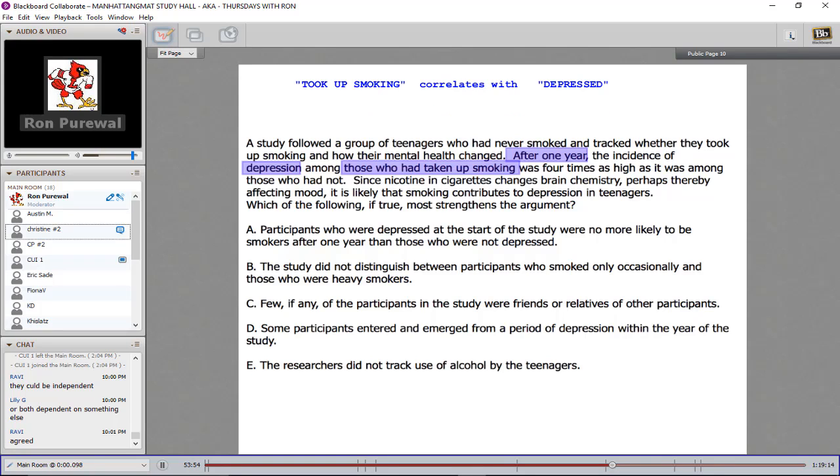Let's talk about a couple of ways that this might not be true. They say taking up smoking causes, an arrow, cause and effect, depression. That's what they think.